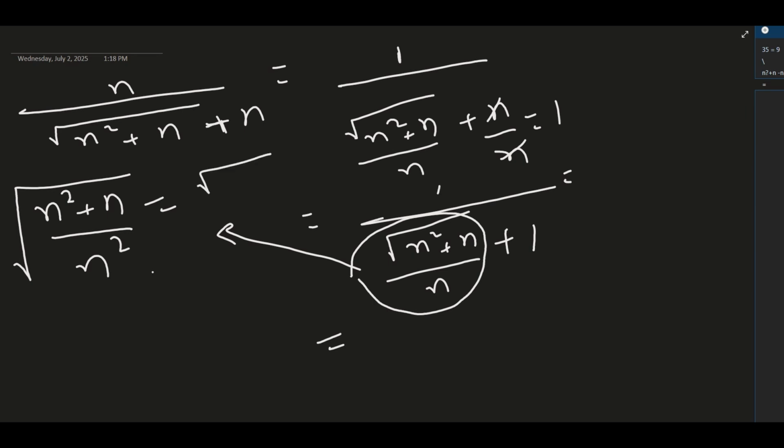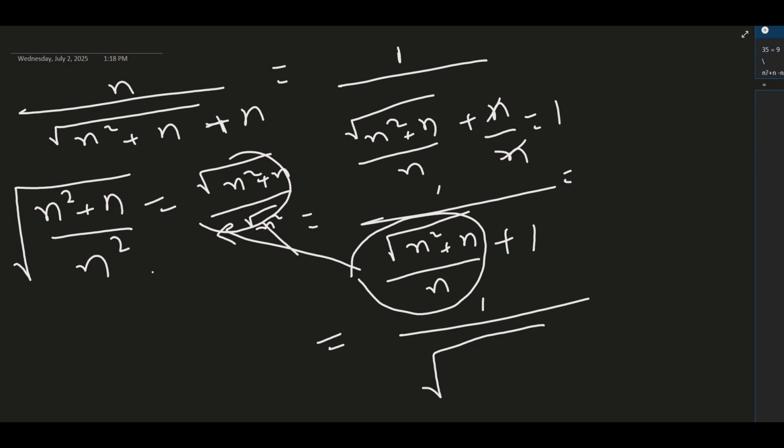Remember your sets. So it becomes n squared plus n here over square root of n squared, which is n. So this one becomes equivalent to this one. You actually do the inverse operation, the reverse procedure. You put everything under the square root. So this becomes n squared plus n all over n squared, and the outside is plus 1.